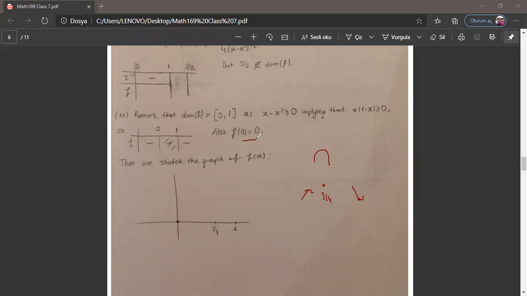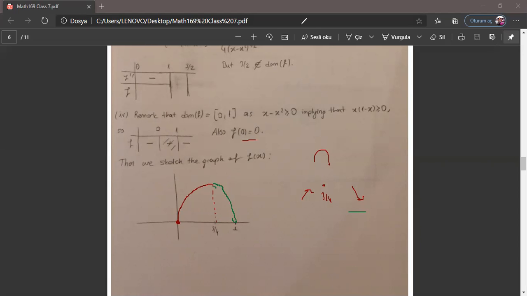Okay, so we see f of 0 is 0. We know the domain is between 0 and 1. So here we have 0, 0. Then it will be downward and increasing. So we have here this point, for this first part. Then for this part, from 3/4 to 1, we have this.